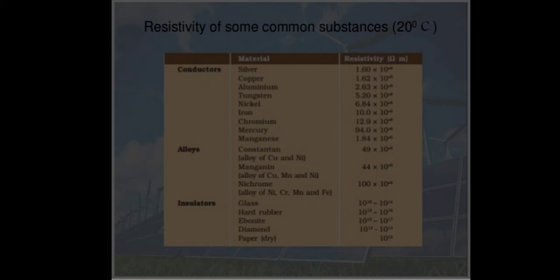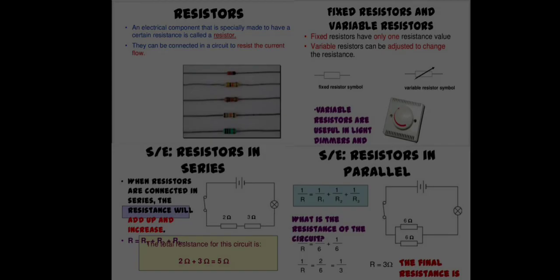Okay. Now, what are resistors? Here are some pictures of resistors. You see the first picture, left side, upper portion. An electrical component that is especially made to have a certain resistance is called a resistor. There are two types of resistors, remember: one is fixed resistors and another is variable resistors.